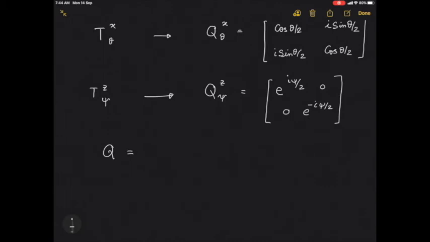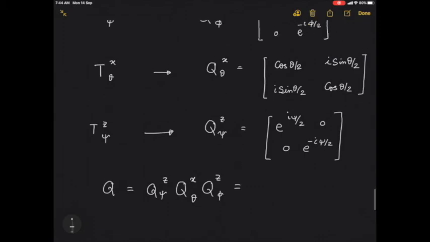And if I ask you what your Q is, which is the 3 rotations in the Euler sense: first a rotation by phi about the z axis, then a rotation by theta about the x axis, and then a rotation by psi about the z axis.